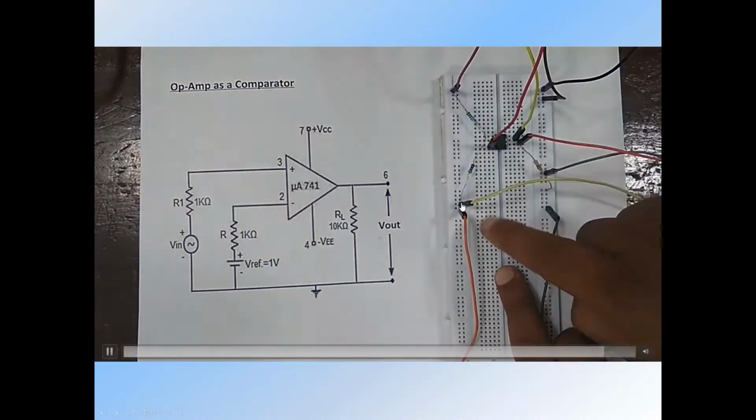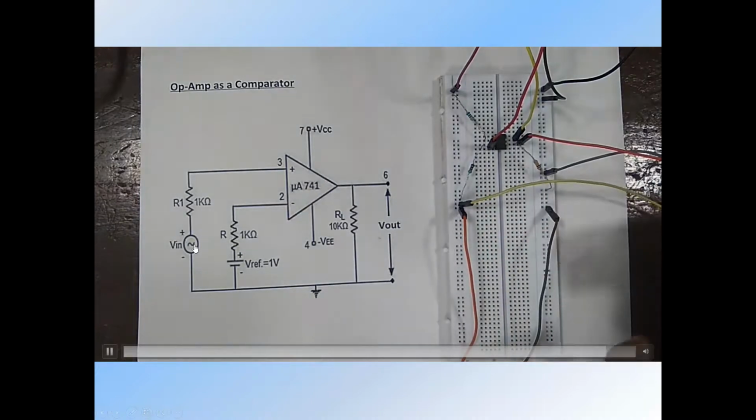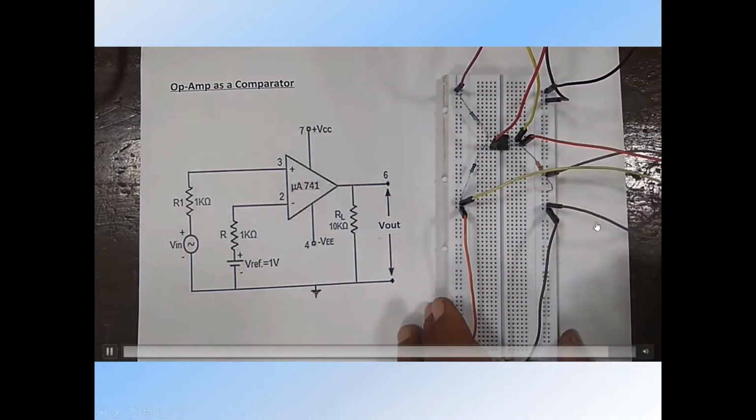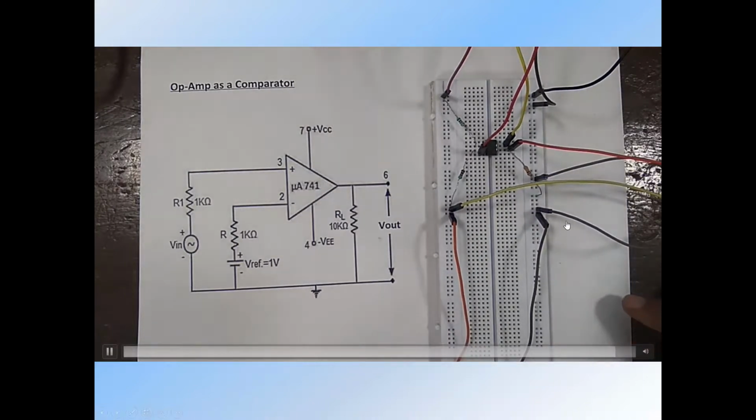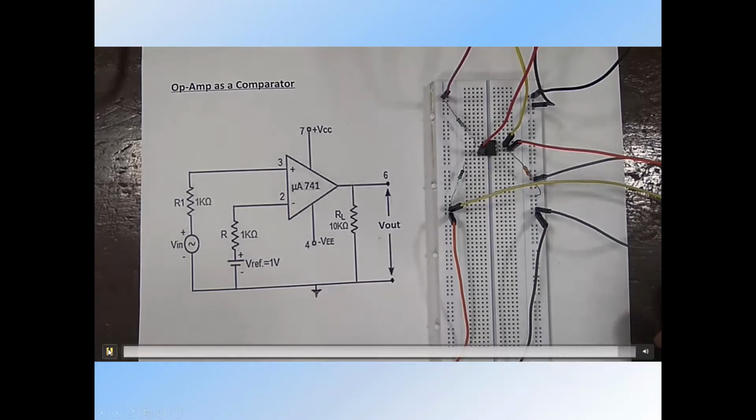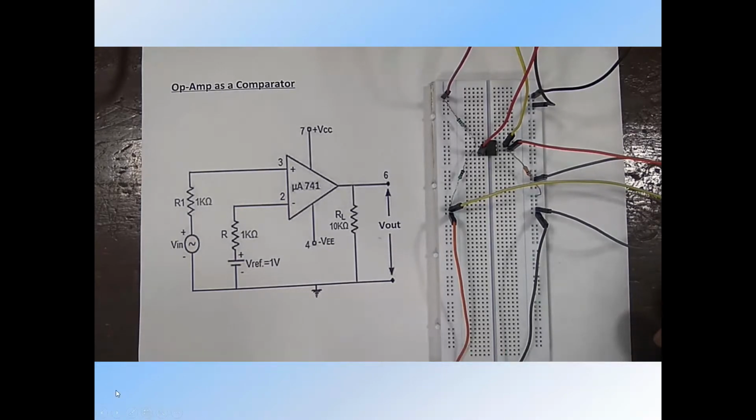Yellow is connected to this point and black of this jumper wire is connected to this point. Now check all these connections one by one.